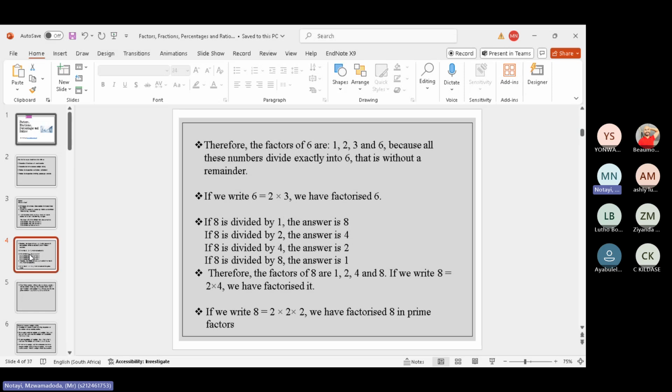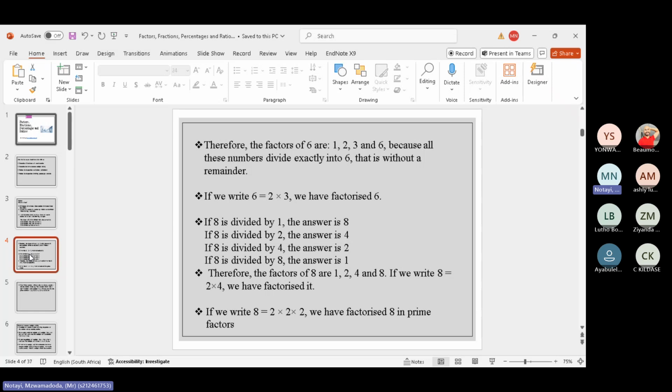Therefore, the factors of 6 are 1, 2, 3, and 6 itself, because all these numbers divide exactly into 6 and don't leave any remainder. If we write 6 is equal to 2 multiplied by 3, we have written 6 in its factors. We say we have factorized 6.